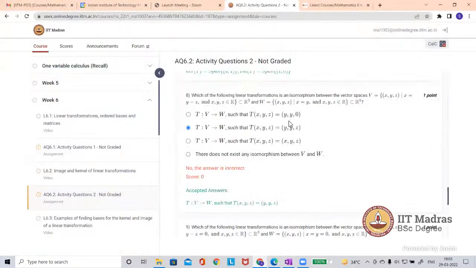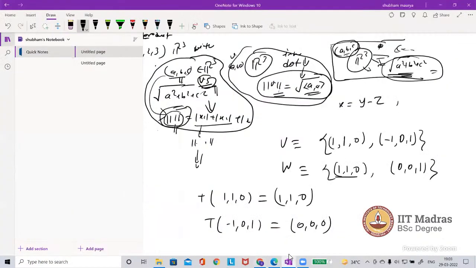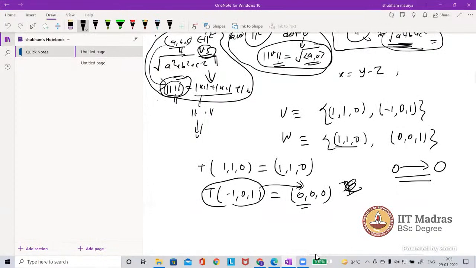Because Y is 0 here, from here itself you can tell that you have a non-zero vector which has image 0. So this will never be injective, because injective means only 0 maps to 0.